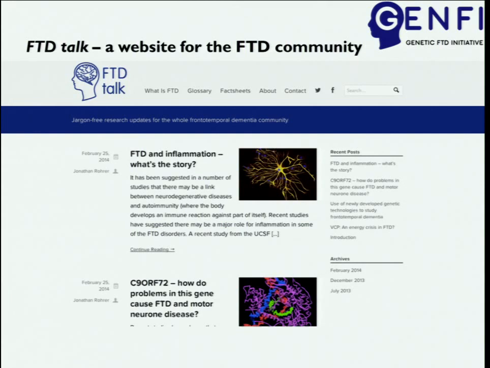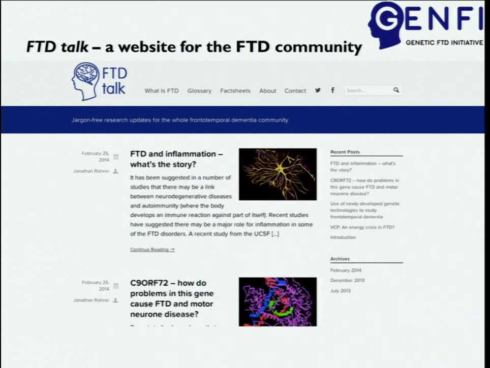And we try and write it in a layperson way. Now, scientists aren't always great at writing in a layperson way, so we are doing our best. And if it seems complicated, then I try and edit it and make it a bit better, but we learn as we go along. So on the front page, what you'll see are these news stories.